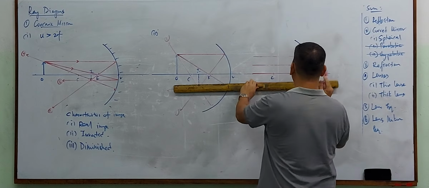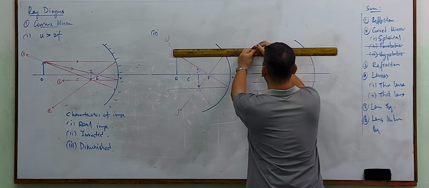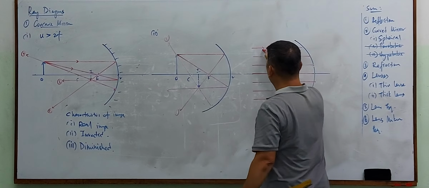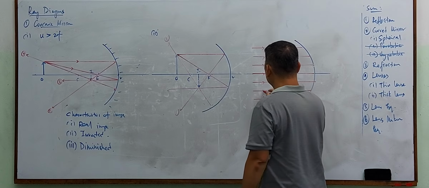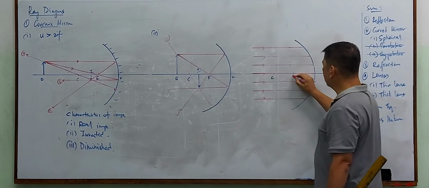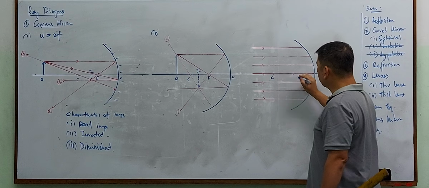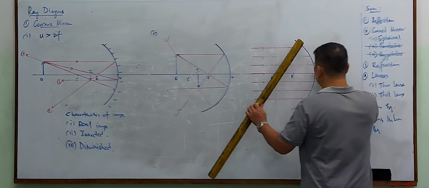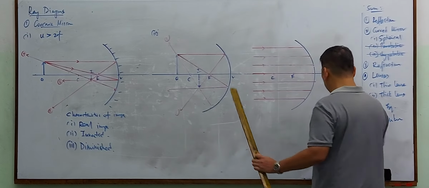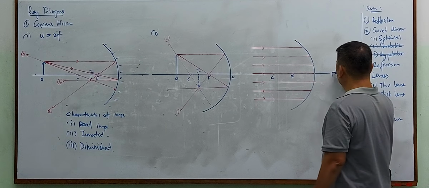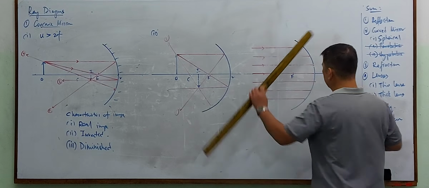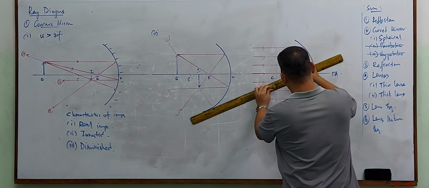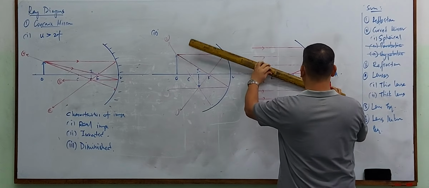Some parallel light rays are getting further and further away. Initially, all the lines are parallel. Theoretically, you will see that all of them will be reflected and pass through the focus point. It's only correct for light rays that are near to our principal axis. For example, this one will be focused here, and this one also.